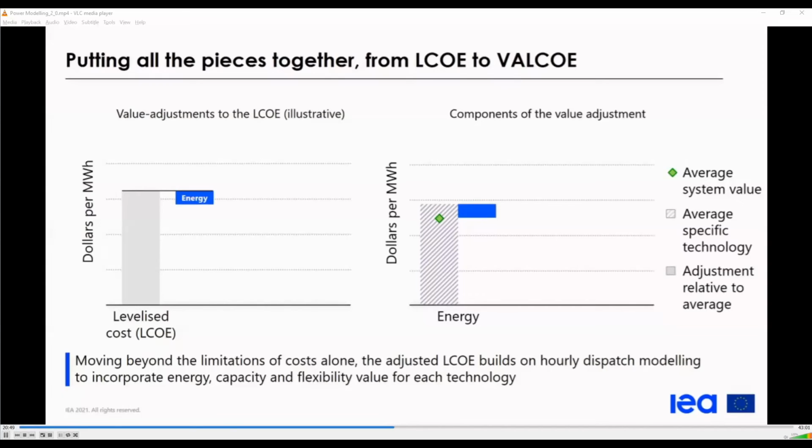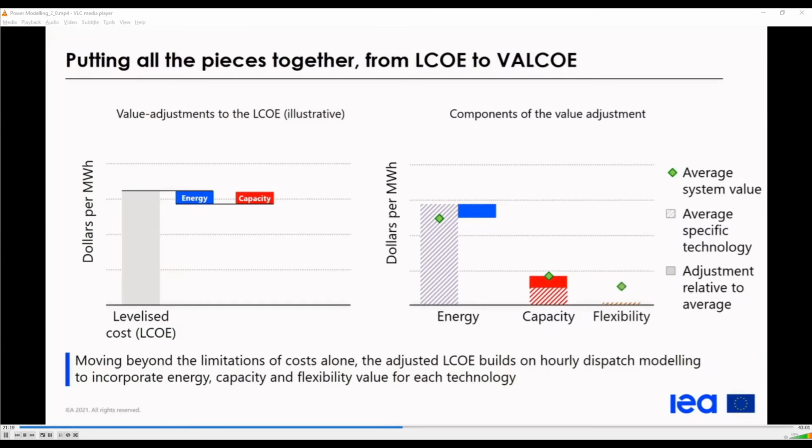Now on the capacity value, the contribution to adequacy here is relatively low compared to average. So that means that the technology is less competitive than others on that specific category. Less competitive, therefore more expensive. And now the flexibility value.